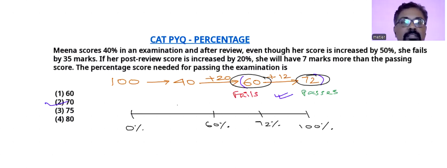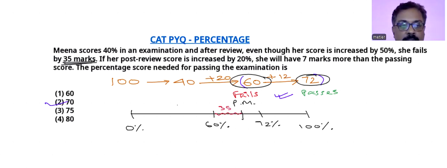So for the pass marks, check it here. When she got 60%, she fails by 35 marks. So let it be like this. Here is the pass marks point, and this gap is coming as 35.